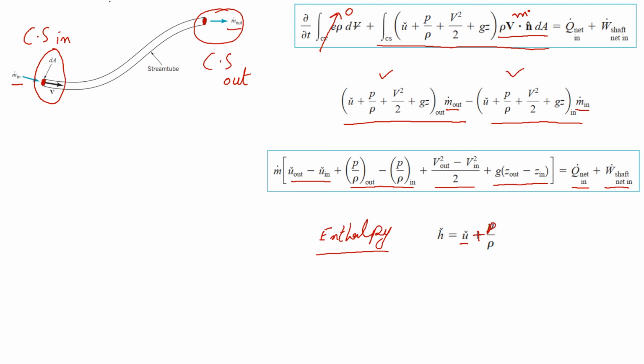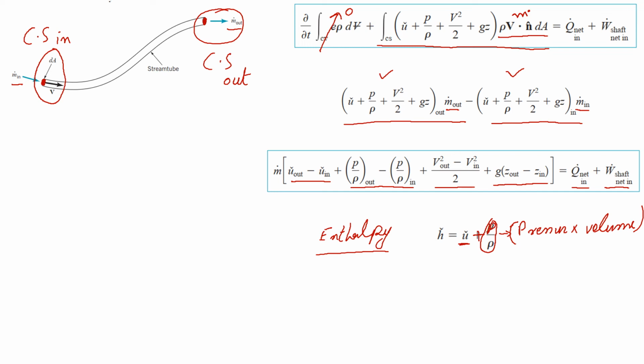So enthalpy, the total heat content of the system, is equal to internal energy plus pressure into volume. If we want to see how this term is equal to pressure into volume, that is pressure into volume.